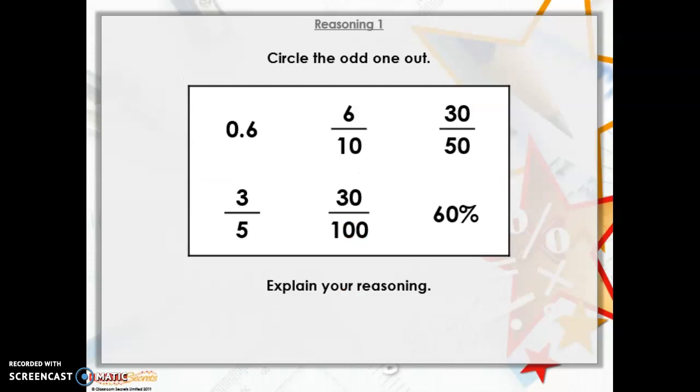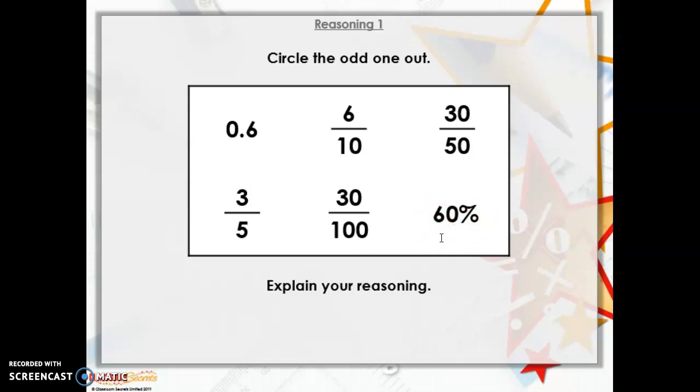Another one, circle the odd one out. Once again, can you pause the video and work out which one is the odd one out, please? Okay, so slightly easier this one, I would say. You can hopefully see straight away that 0.6 is 6/10, okay, because it's 6 in your tenths column, which straight away I'm hoping you'll recognise 6/10 is the same as 60 over 100, which is your 60%.